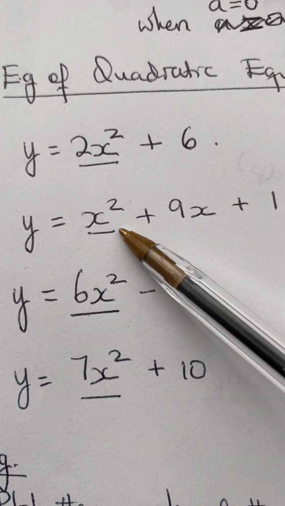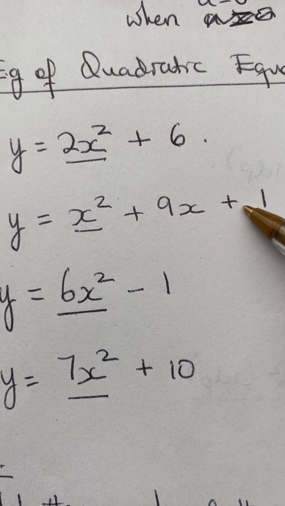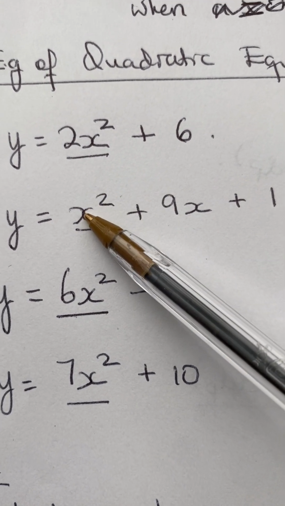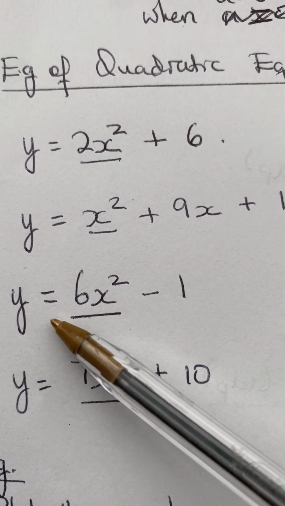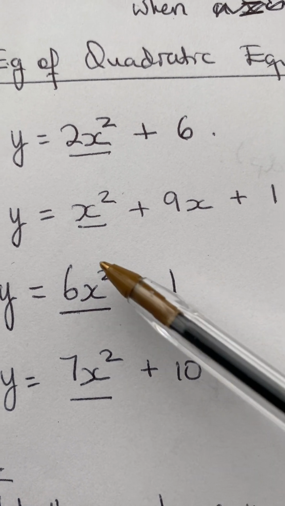Now, y equals x squared plus 9x plus 1. Because of this x squared, it's a quadratic equation. y equals 6x squared minus 1.